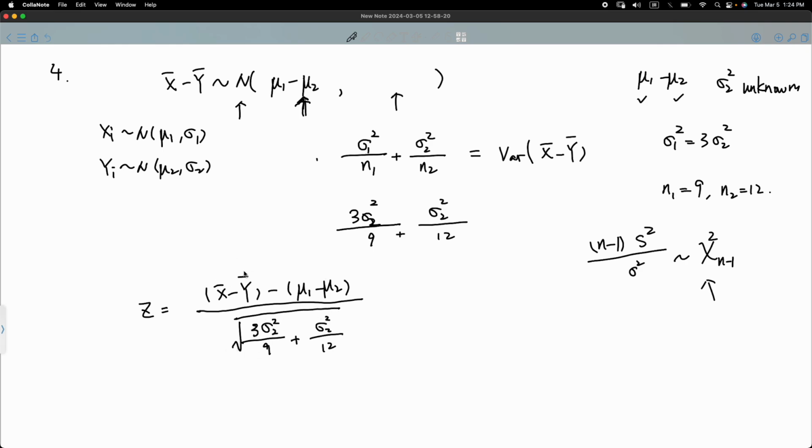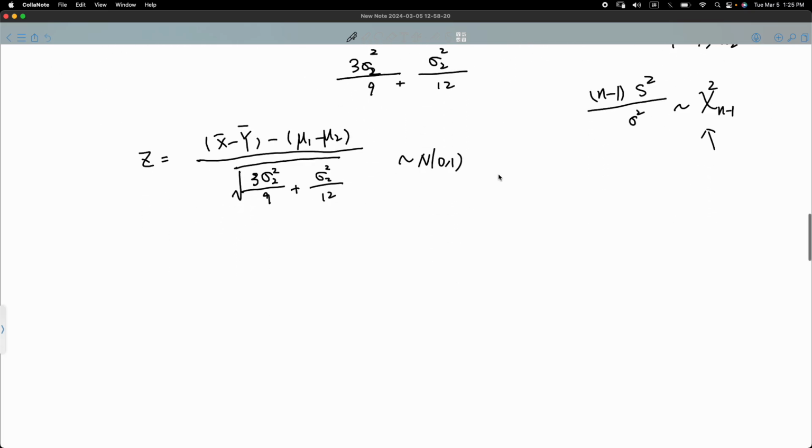This is the standardization from a general normal to a standard normal. Again, sigma 2 squared is unknown, so we also need to construct a chi-square distribution.